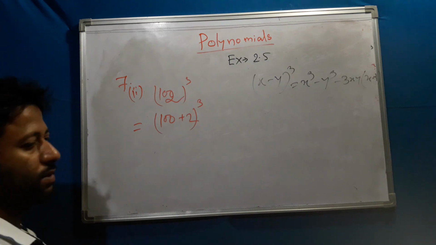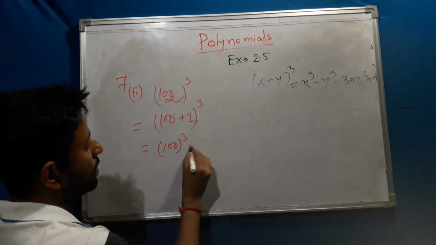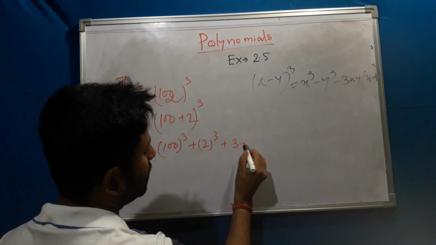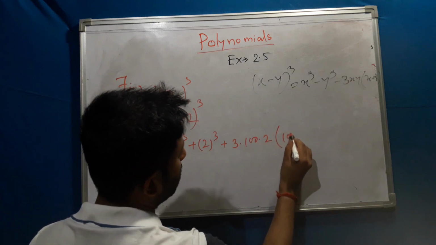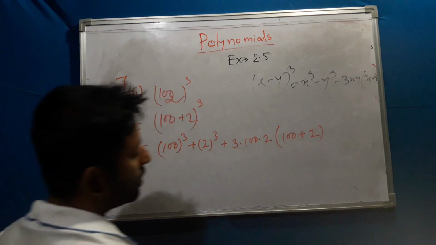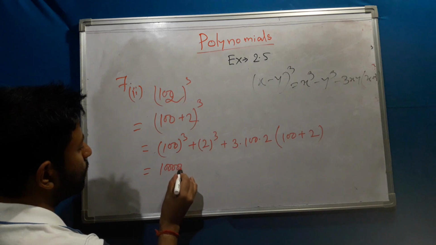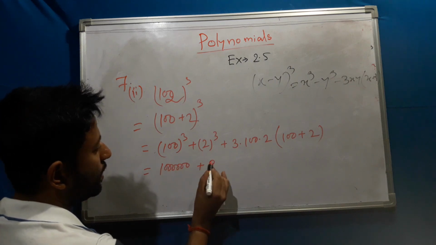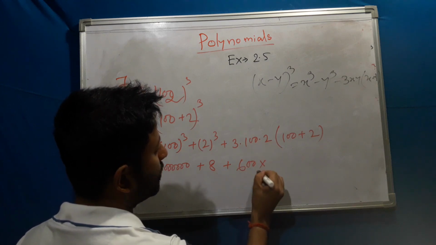So this 100 plus 2, I can write a cube plus b cube, that is 2 cube plus 3 into a, a means 100, b means 2, into a plus b. That's very simple. So 1 2 3 4 5 6, 3 3 6, okay, plus 8, 3 6 600 into 102.